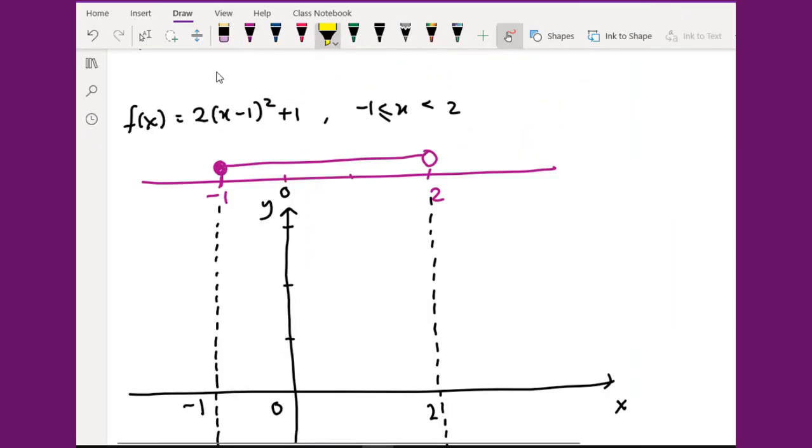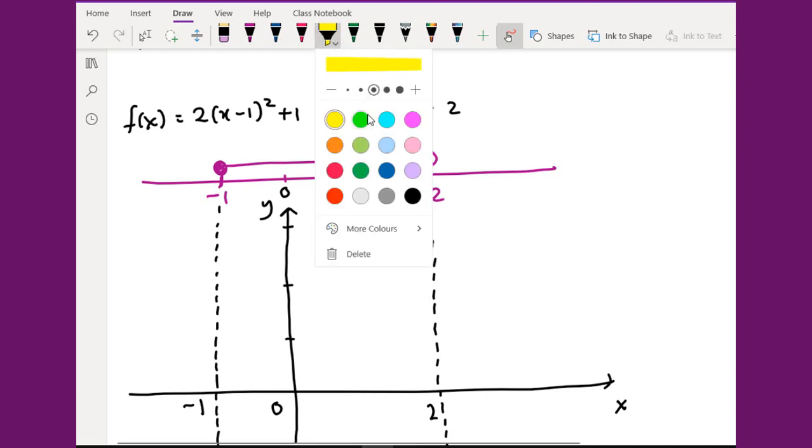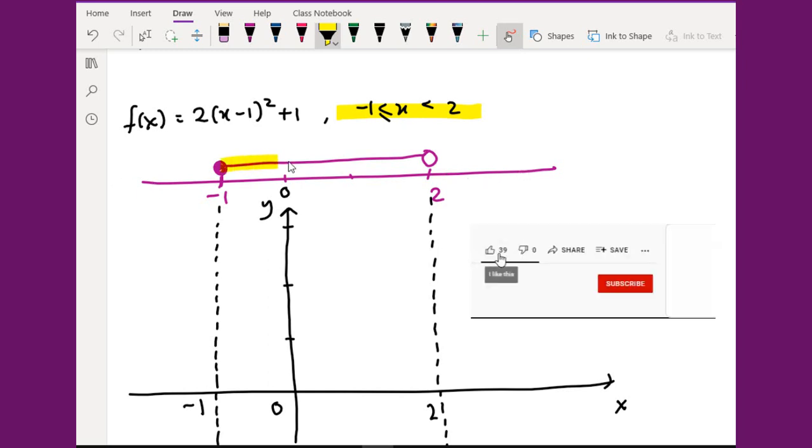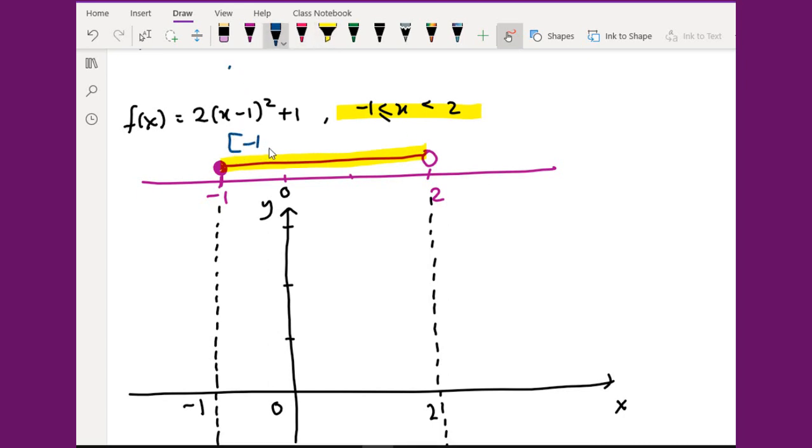Now with the same function, but the domain is restricted, x lies between negative 1 included and 2 excluded. First we write the number line to show the domain. The domain is from negative 1 included up to 2 excluded. You need to sketch the quadratic graph within this domain.